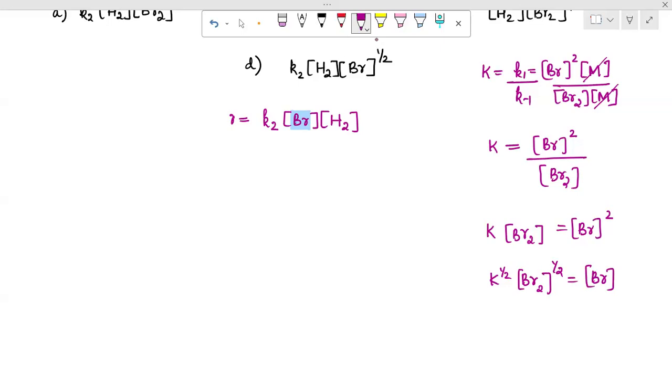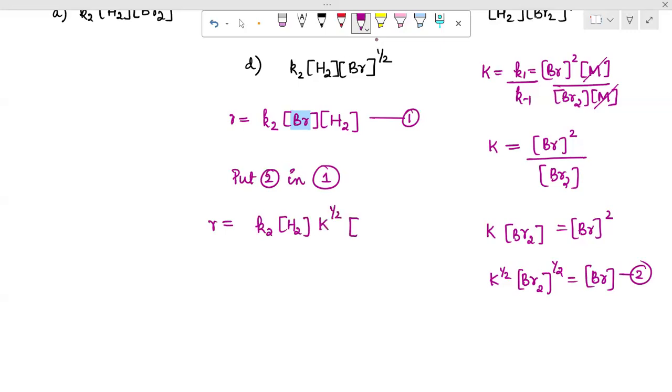So we'll put this expression of Br over here and let's see what we get. Let's say this is 1 and this is 2, and if I put 2 in 1, I get rate is equal to K2, concentration of H2 into capital K to the power 1 by 2, Br2 to the power 1 by 2.